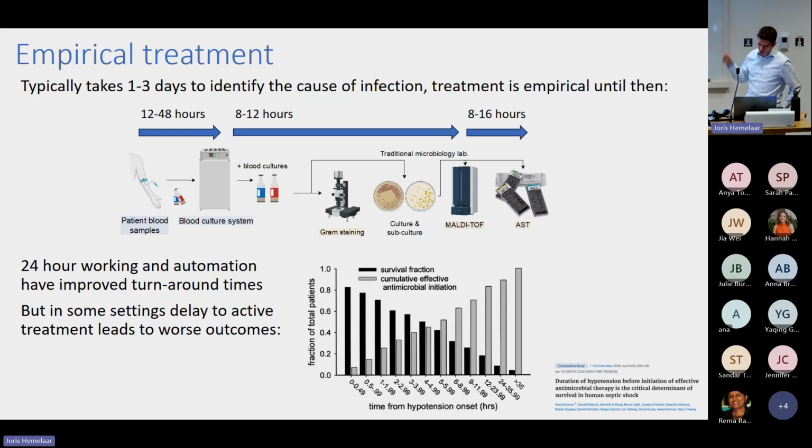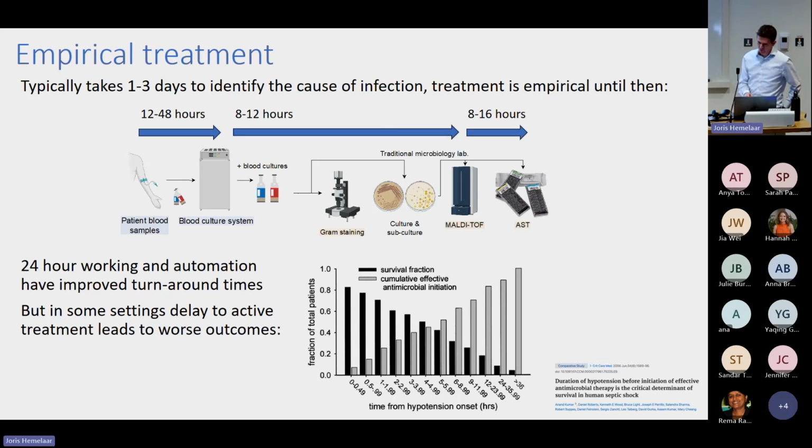And then we need to take them through a whole series of different steps to identify them and then work out what antibiotics will work for them. But this is only in the minority of infections, because in most infections, we never identify the cause at all. So most of the time we give antibiotics, we're giving them empirically, we're giving our best guess of what we think will work.